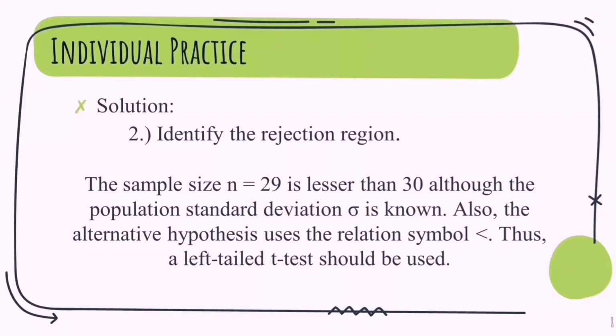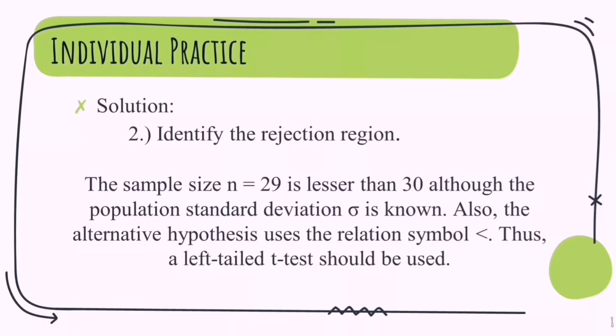The next thing that we'll do is identify the rejection region. The sample size, as shown in the problem, is 29, which is less than 30, although the population standard deviation sigma is known. Also, the alternative hypothesis uses the relation symbol less than. Thus, a left-tailed t-test should be used.